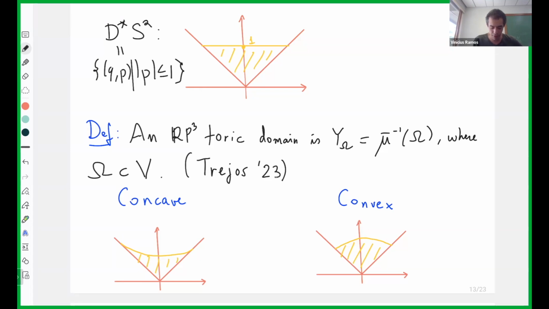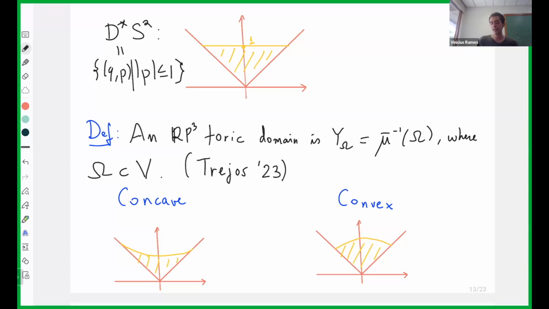As far as I know, the first person to write this down is my former student, Jonathan Trellis, in his thesis. We can call something like this on the left a concave RP3 toric domain, and something like this on the right a convex RP3 toric domain.